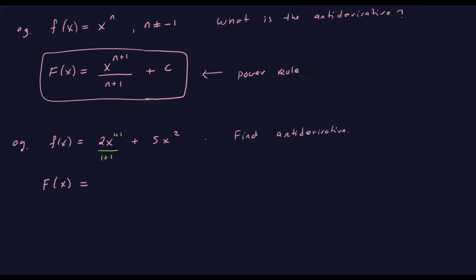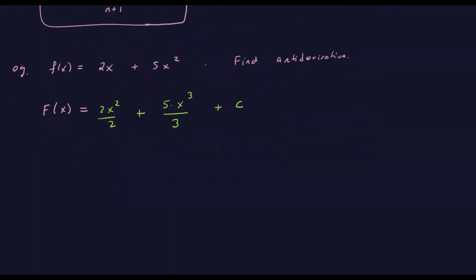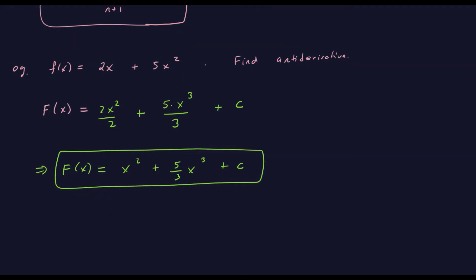So my antiderivative is 2x squared over 2, plus now I do the same thing with this one. I add 1 to the power, so that's 5x to the third power, and I divide by that same power, 3. Then I just tag along a constant plus c because it's the most general form. Then you just clear things up. So your big F of x, which is the antiderivative, is x squared plus 5 over 3 x cubed plus c. You can always check your answer by taking its derivative and checking it's the original function.